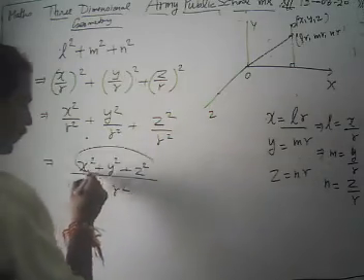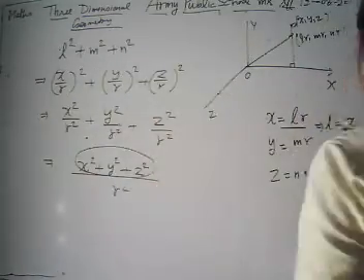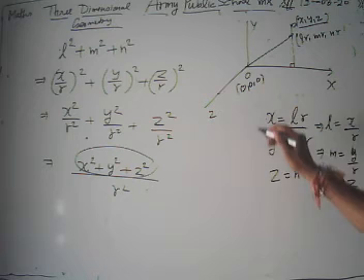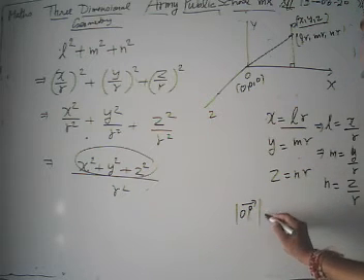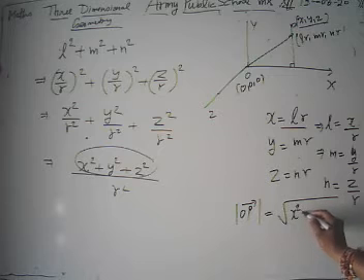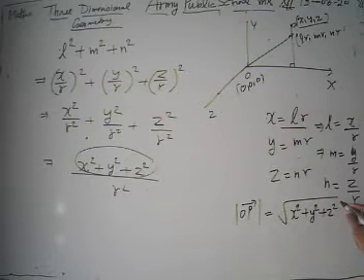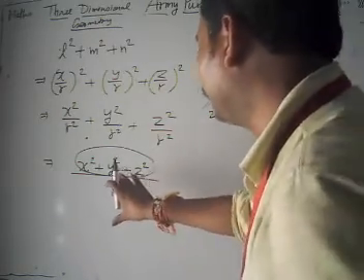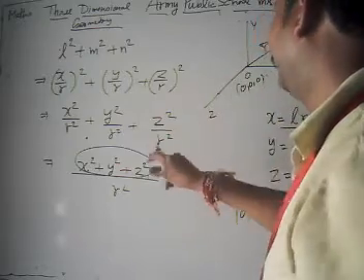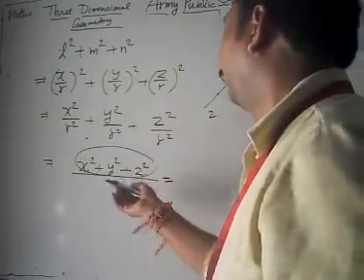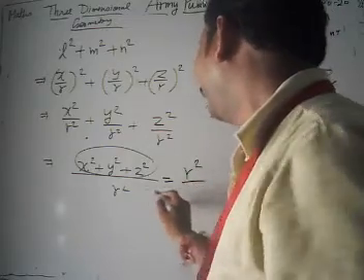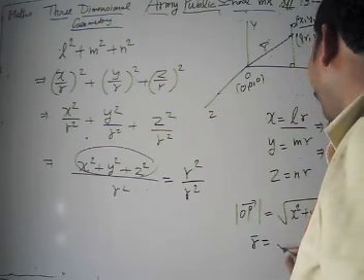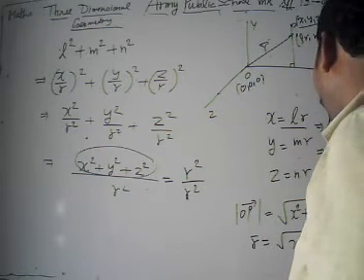Now what is this x square plus y square plus z square? If the coordinate of P is x, y, z and the origin is 0, 0, 0, and we find the length of vector OP, then it is given by under root x square plus y square plus z square. Means it's our r, the length of vector r. Because vector OP is given by r, we get r equal to under root x square plus y square plus z square.